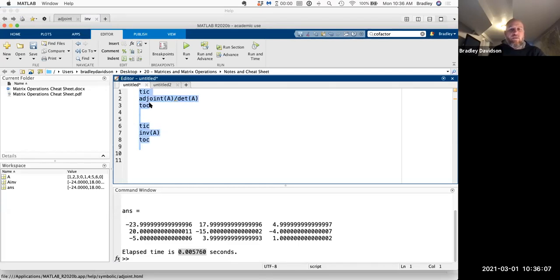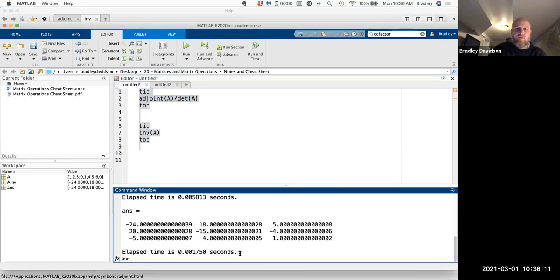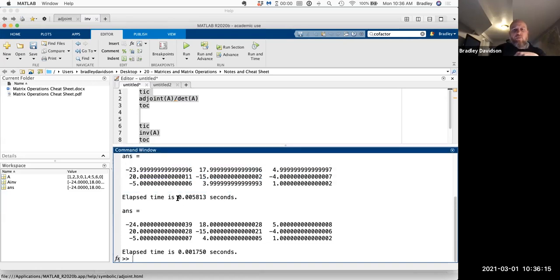By just running this, I'll paste it in here, and you can see that the adjoint divided by the determinant method gives us 5.813 thousandths of a second, and then the inverse method gives us 1 thousandth of a second.